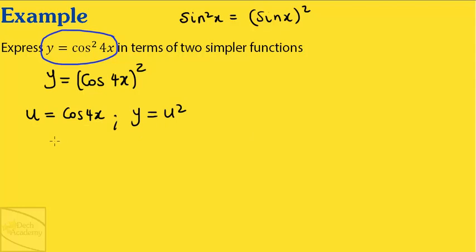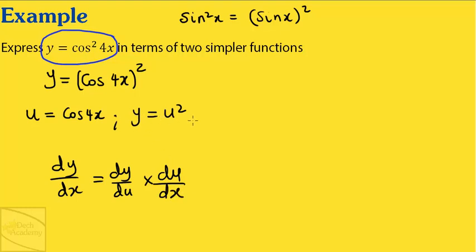Then finding dy/dx will be equal to dy/du times du/dx. In other words, I differentiate dy/du, which is 2u, and then find du/dx, and we're going to learn how to differentiate trigonometric functions.